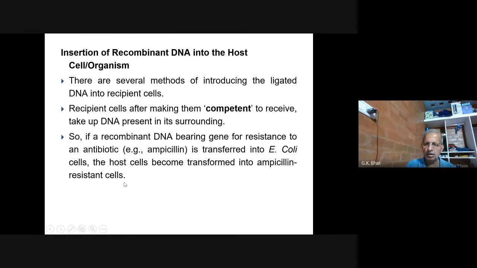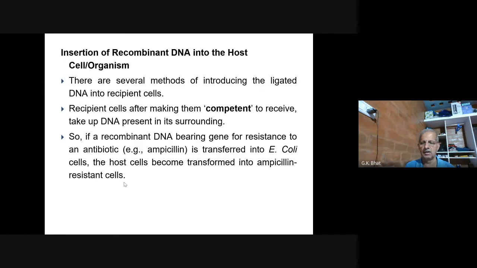You know, by default E. coli, Escherichia coli, is without any resistance to antibiotics. It has no plasmid having any resistance to antibiotics. If you introduce recombinant DNA through a plasmid into E. coli, it develops ampicillin resistance.